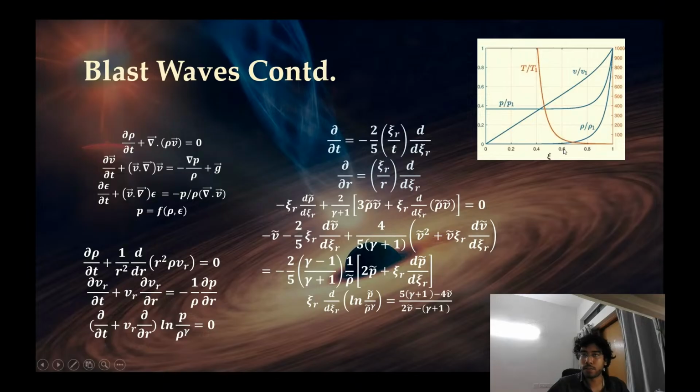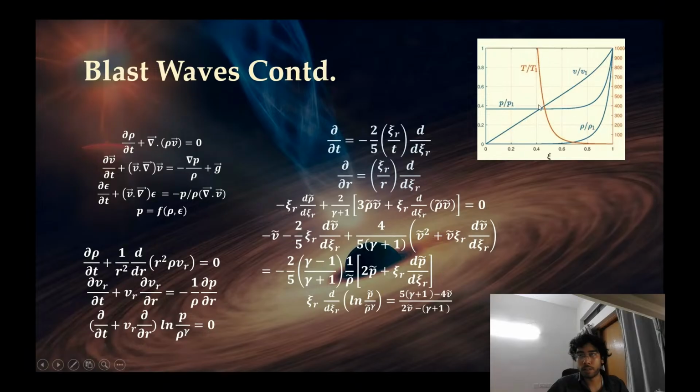Okay. For example, if you look at the density, right? There is very low density very much inside the shock boundary, but very close to the shock boundary the density rises up very rapidly. So there is a very high density of material before the boundary of the shock, right? Similarly, the pressure before the boundary of the shock rises up exponentially, very high. Then the velocity increases gradually, right?